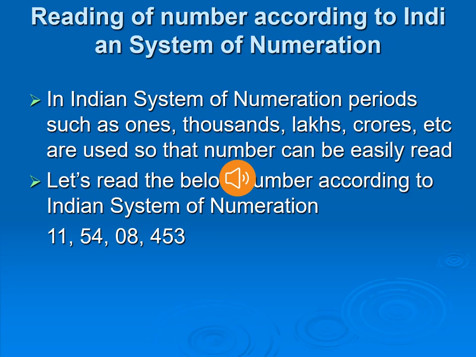Reading numbers according to the Indian system of numeration. In the Indian system of numeration, periods such as ones, thousands, lakhs, crores, etc. are used so that numbers can be easily read. Let us read a number according to the Indian system of numeration.